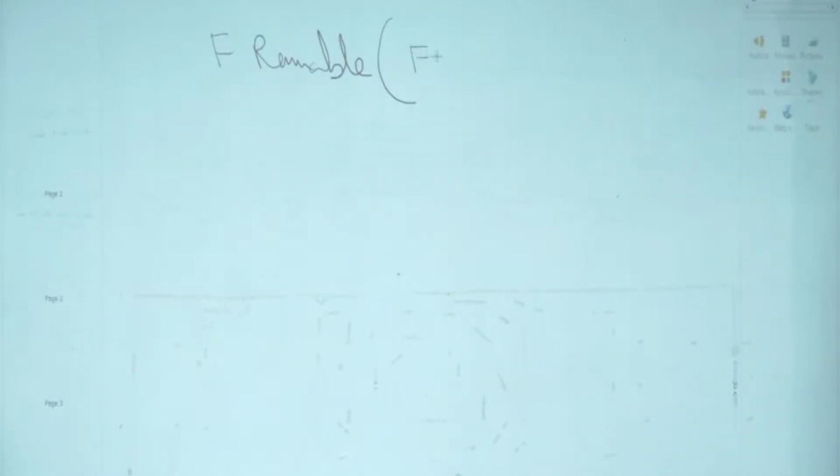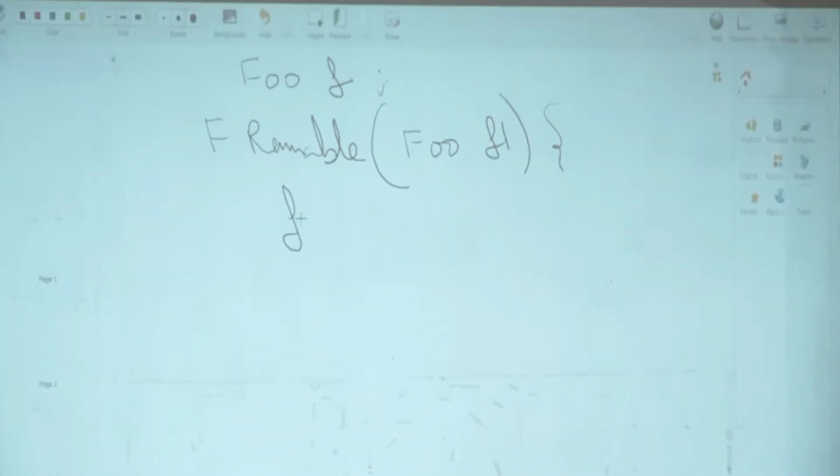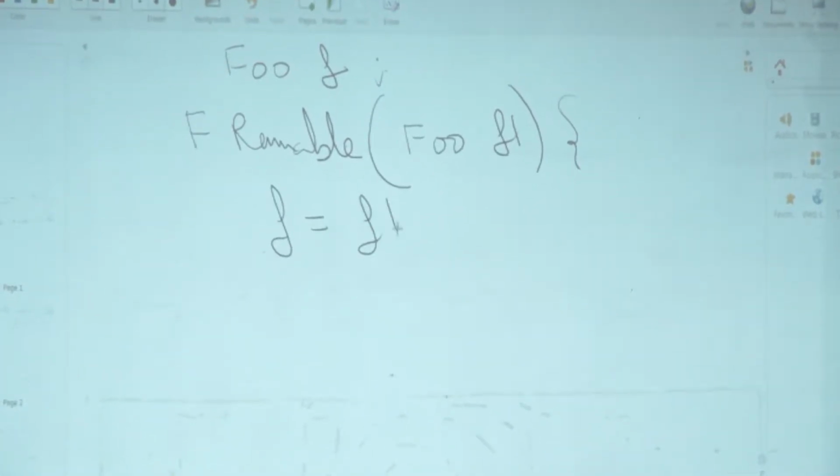So Foo F. All runnables will take a foo object as a parameter, and it will have a foo object as a data member also. So let's call this F1 and let's call this F. So it will say F is equal to F1.